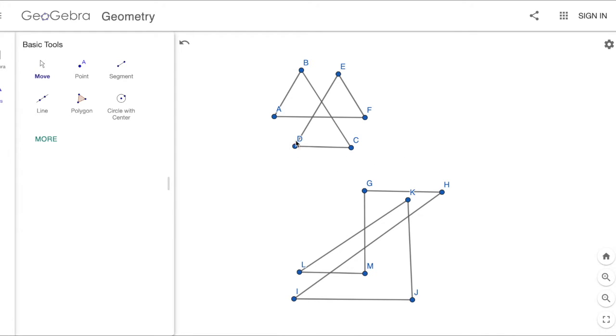So here we need outer loops. So really what we're going to do is focus on a corner and a stick that is on the outside, right? It doesn't cross anything else. It's sort of an outer stick. So I'm going to use CD and GH. Those are going to be my outer sticks for the trefoil and the figure 8 knot, respectively.